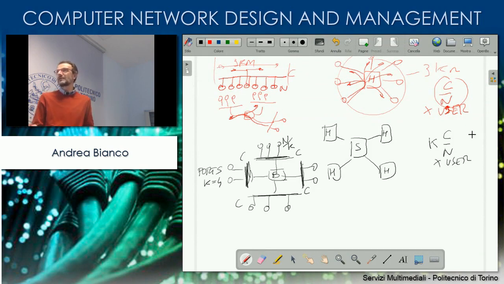Because otherwise nobody's going to buy it. So if you go to a seller and say, okay, I want to switch 16 ports at 1 gigabit, the first thing that you do, you put it in your lab, you load it with 16 generators at 1 gigabit, and you see what's happening at the output. If you don't get 16 gigabit, you get mad and you throw it away, okay? So nobody is going to sell a device with K ports not being able to switch at that speed, okay?